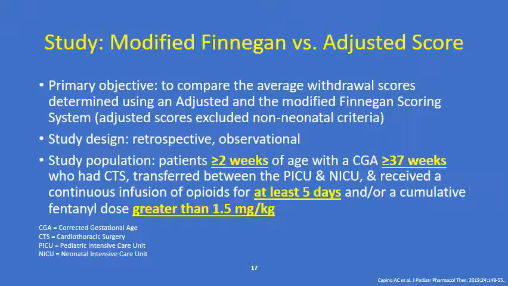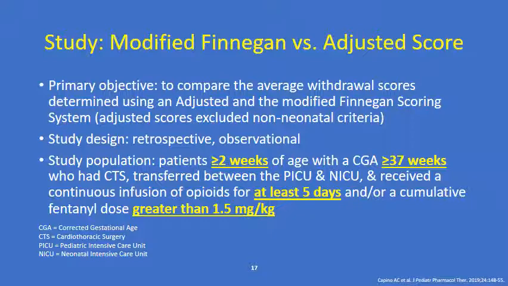When I was a pharmacy resident, I conducted a study to look at this, because one of the issues we were finding is that some of our NICU babies would go to the PICU for heart surgery, and after heart surgery in the PICU, they were monitoring withdrawal using the WAT1 scoring tool, and they may not have been showing signs of withdrawal, but then when they came back to the NICU, we would use the Finnegan scoring tool, and we were finding there were signs of withdrawal.